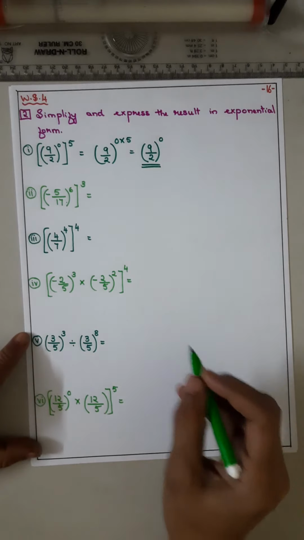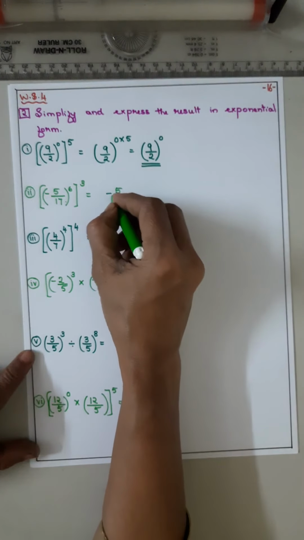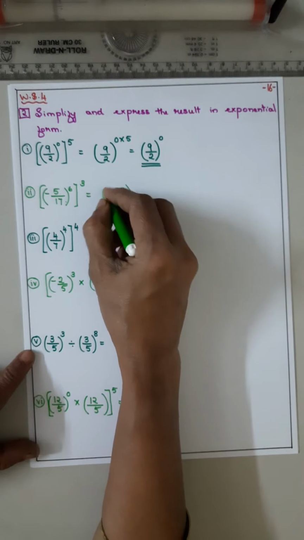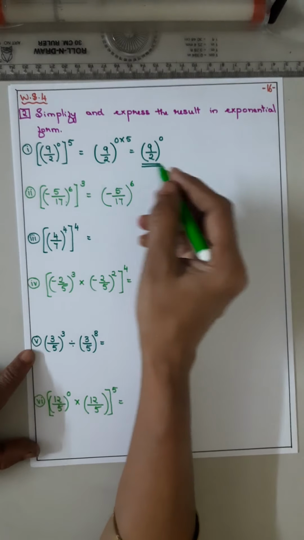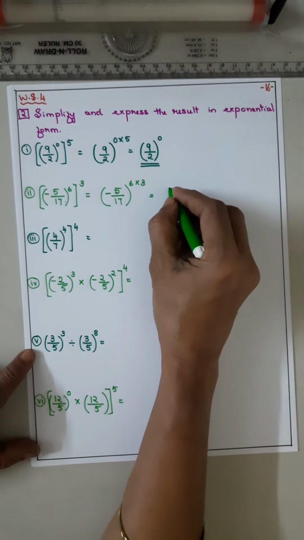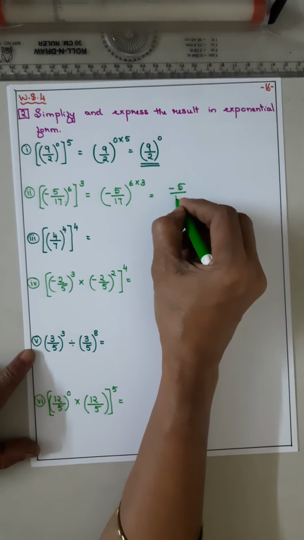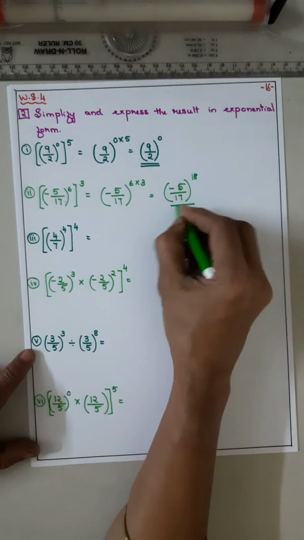Okay, now coming to the second subdivision, it is minus 5 by 17 is the base and 6 power is 6 and the whole power is 3. So multiply by 3. So it will be minus 5 by 17, the whole raised to 6 3s are 18.